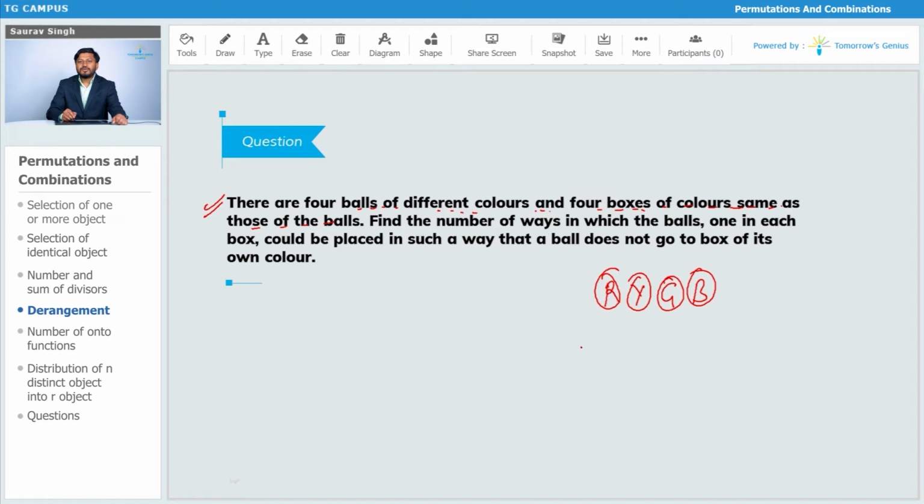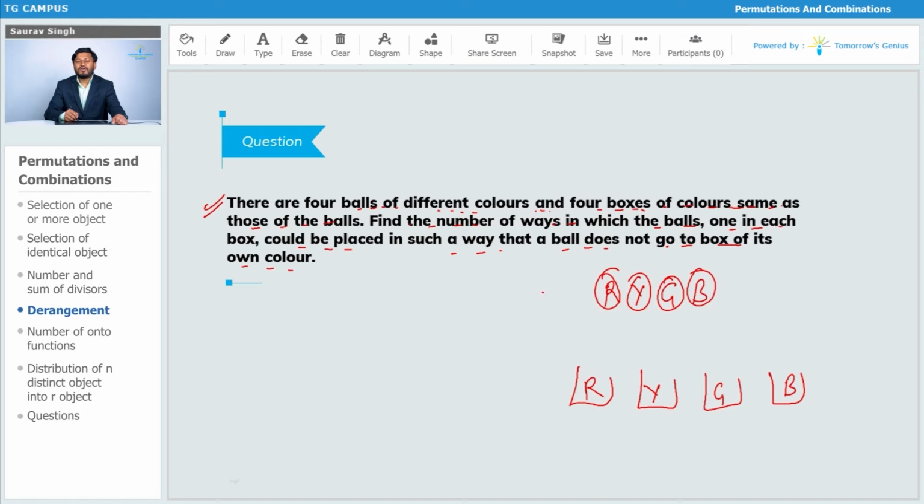And corresponding to these colors, we have 4 boxes: red, yellow, green and blue. So find the number of ways in which the balls, one in each box, could be placed in such a way that the ball does not go to its own color.